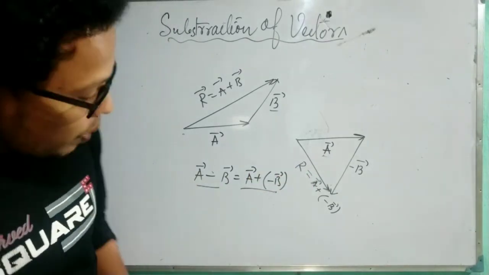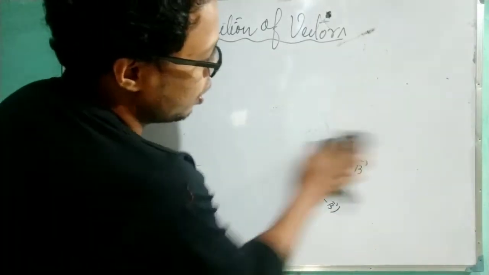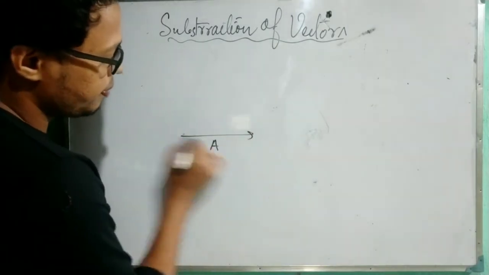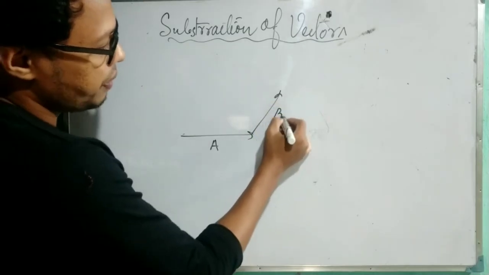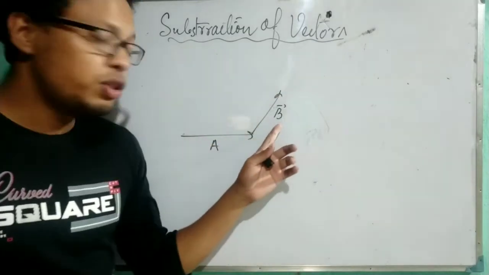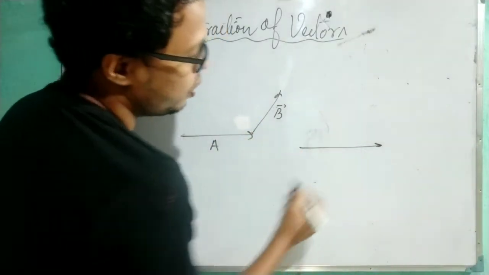Now another method I am telling. Suppose a vector is given, A, and another vector is given, this is B. Suppose you consider B is to be subtracted from A. How? By parallel shifting we can draw the vector like this.